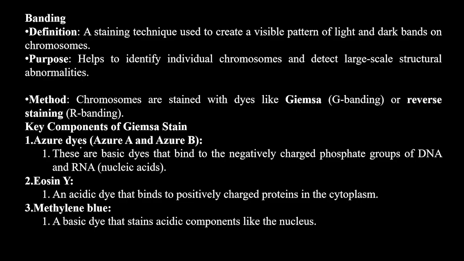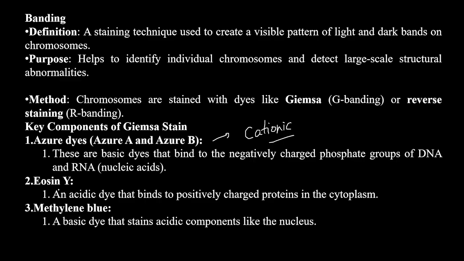Giemsa dye has three components. One is the azure dye, which is a basic dye. When we are saying basic dye, it means it is a cationic dye. They have the positive charge, and because they have the positive charge, they will bind to the DNA, because DNA has the phosphate group and the phosphate group is negatively charged. So the DNA will bind to this azure dye because of this negative and positive charge.